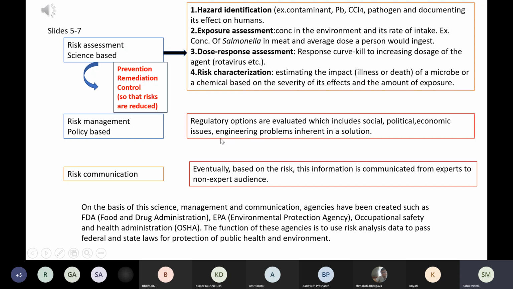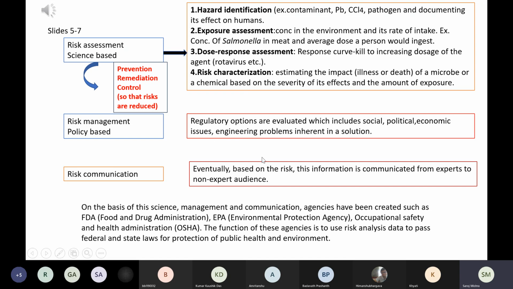So let us say that in a water bottle, after I do my dose response curve and risk characterization, if you leave 4 E. coli particles in a 1 liter bottle, then there is a 50% risk of contracting an infection. But if you leave, for example, only 2 E. coli particles in 1 liter of water, then the risk is 20%.